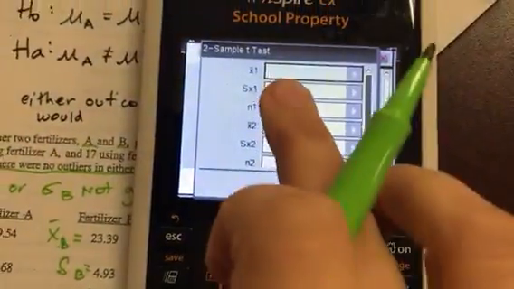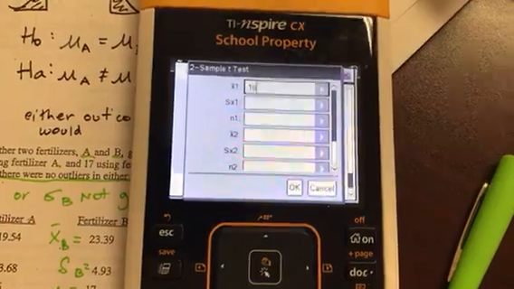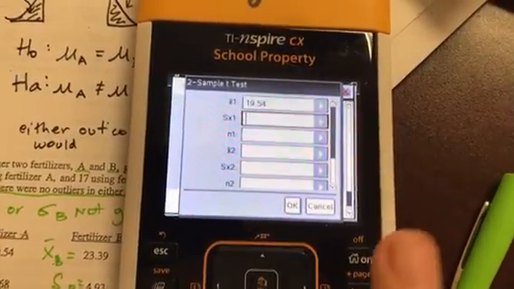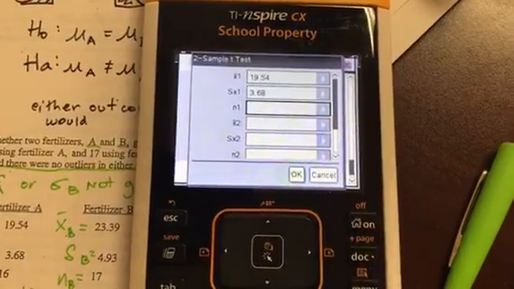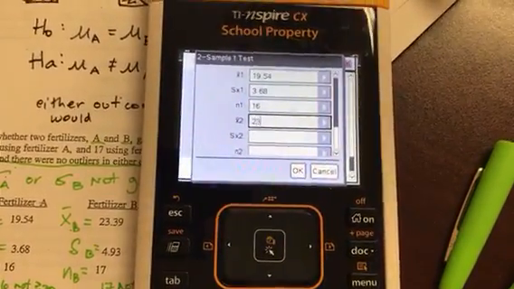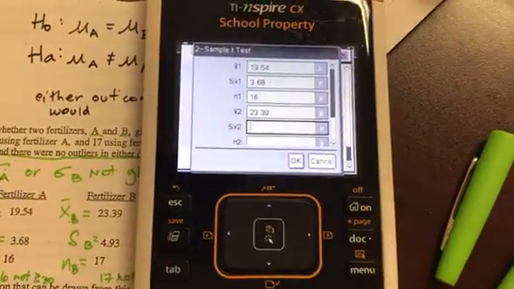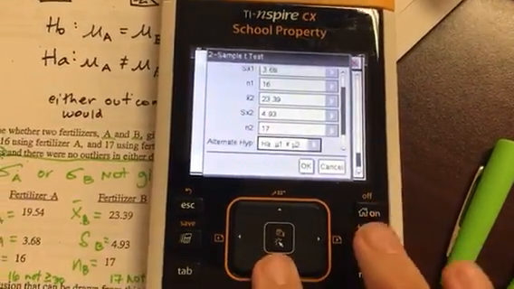So we feel good. You're like, oh, I have all the information needed here. So the X bar 1 was 19.54. The standard deviation of 1 is 3.68. There were 16 in my first sample. Now my second sample, the average was 23.39. 4.93 was my standard deviation, and 17 was in that sample.